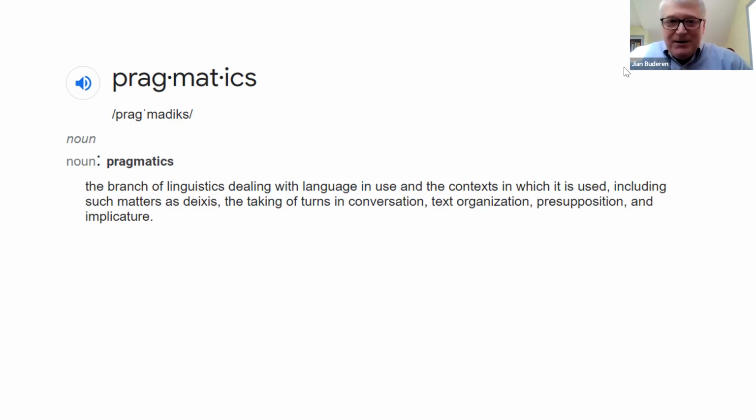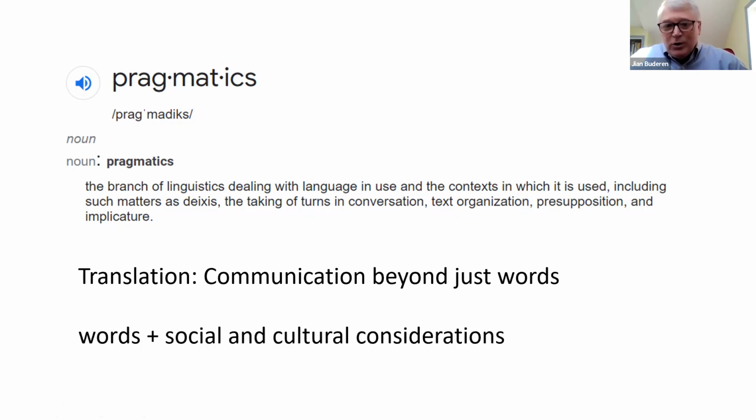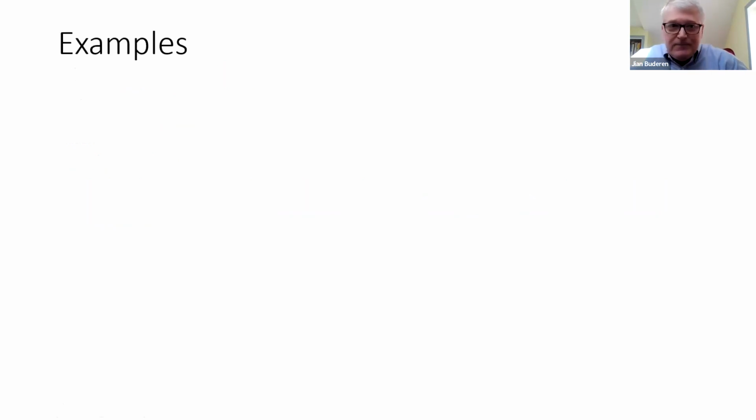So what does that mean? Translation: communication beyond just words. Okay, that's what we're going to talk about today. And for those of you from the STEM fields who are more mathematically or computer literate, it's words plus social and cultural considerations.